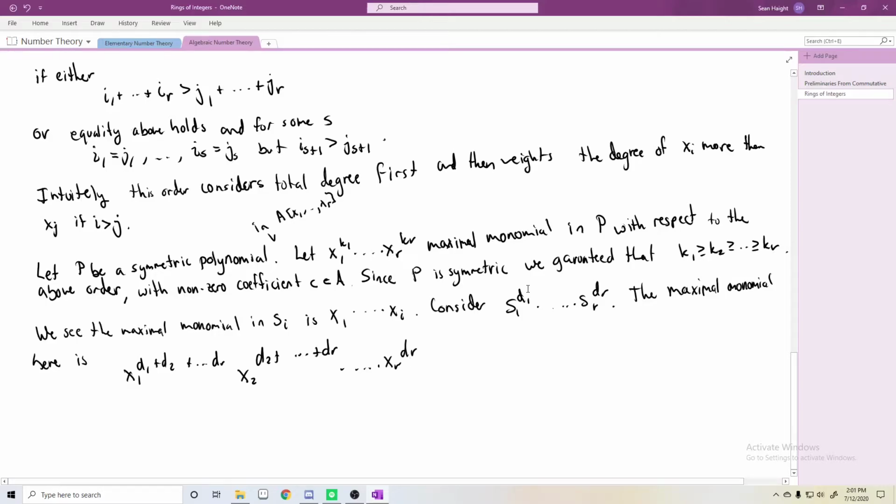And I'll have d1 x1s in S1, I'll have d2 x1s in S2, and so on down the line. Okay, so the goal is essentially to cancel the leading term in P with a leading term in one of these guys.